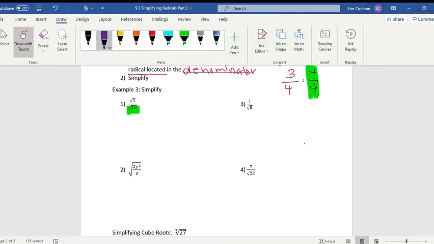So I'm going to multiply this by radical 3n over radical 3n, okay? Because radical 3n over radical 3n is 1, so we're keeping it the same, all right? So let's multiply fractions, remember, straight across. So radical 5 times radical 3n is radical 15n over.